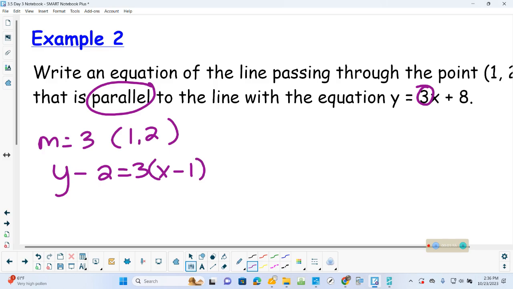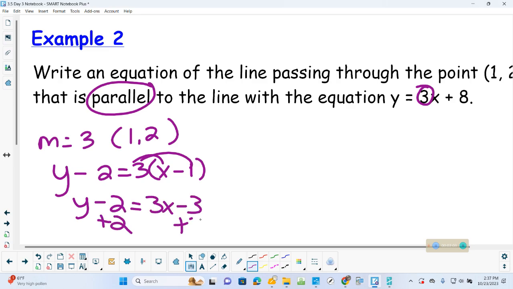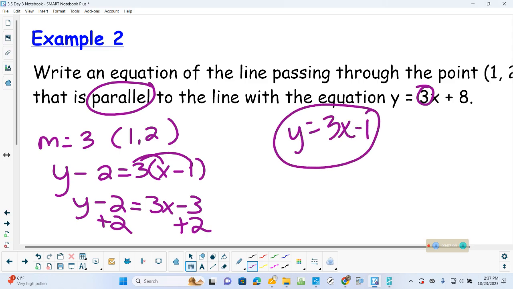Same deal, distribute, solve for y. I feel like I'm not teaching you anything new today. And let's add the 2 over. Of course, our final answer, y equals 3x minus 1. Same spiel. If you graph both equations in your graphing calculator and hit graph, you'll see you have 2 parallel lines.